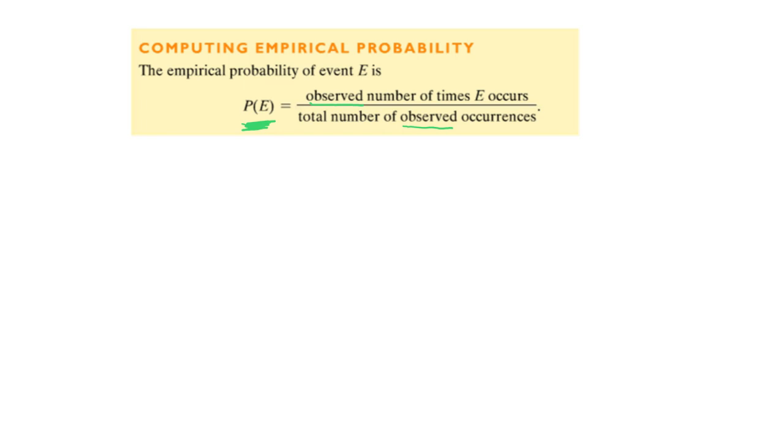Remember on our theoretical probability, we had a sample space for tossing a coin. We'll say event E is the toss of a coin. And our sample space gave us heads is up or tails is up. All right, theoretical.